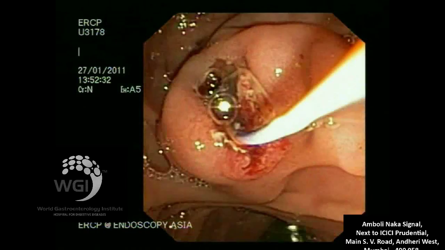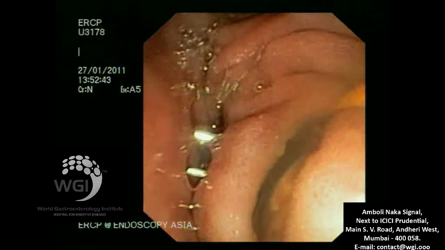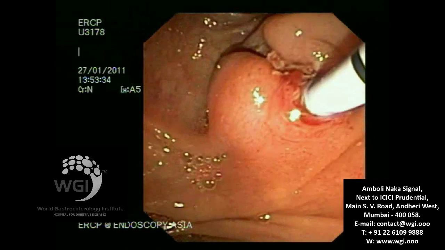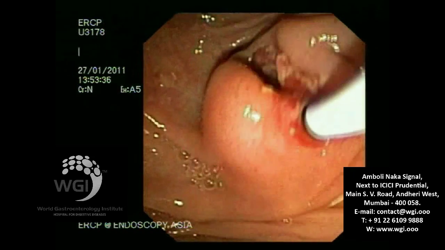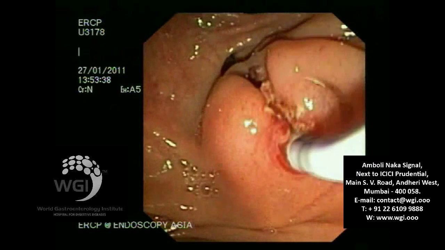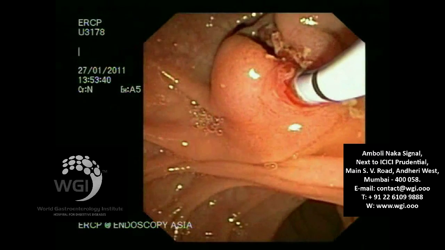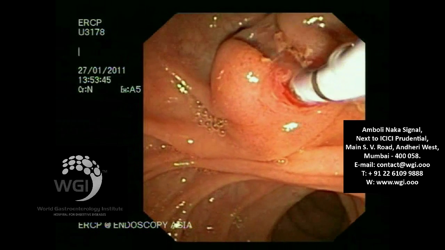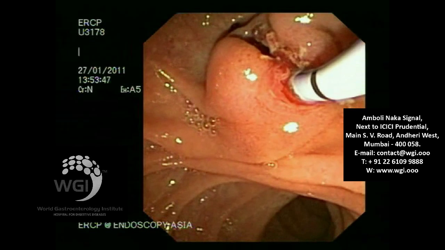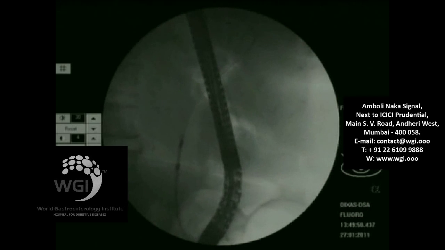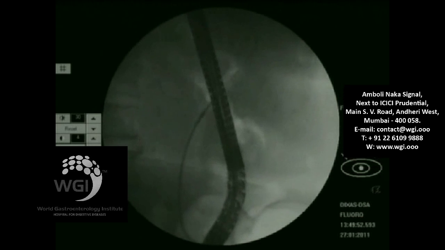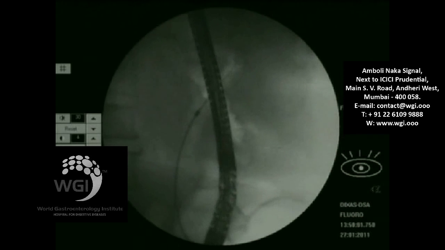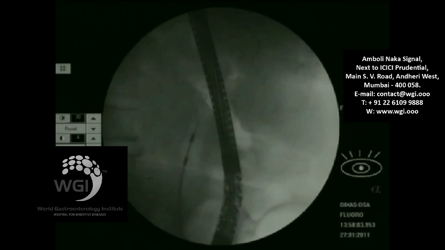So now after biliary sphincterotomy, we will sweep the duct with a balloon. It's our practice to use a balloon as far as possible in stone disease in the bile duct, always, except when there are very small stones and they can be removed easily with the Dormia. We go right up to the common hepatic duct, inflate the balloon, and then gently sweep the bile duct completely clean.